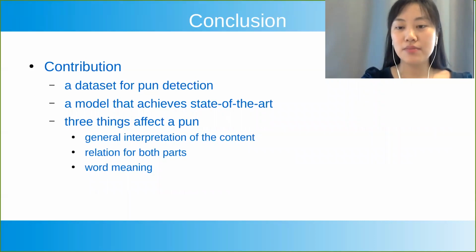To wrap things up, we provide a dataset for pun detection and built models that achieve the state-of-the-art on three subtasks for different types of puns. More importantly, we found that three things affect a pun: general interpretation of the content, relation for both parts, and word meaning.